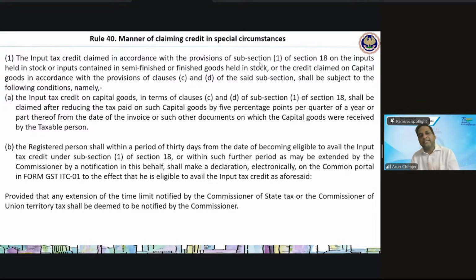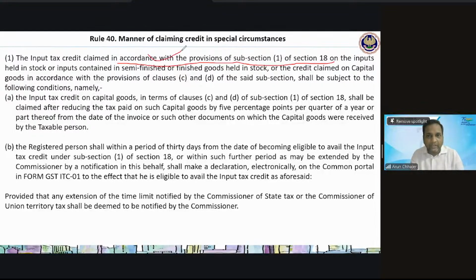Now, let's complete 2-3 rules. Rule 40, 41, 41A. The input tax credit claimed in accordance with the provision of 18 subsection 1. There are 4 clauses in 18(1): mandatory registration, effect of voluntary registration, composition to regular, and then exempt become taxable.